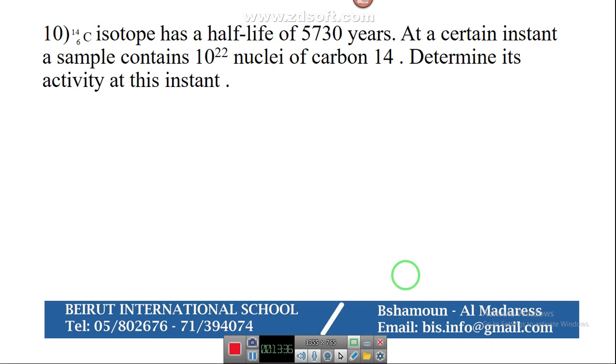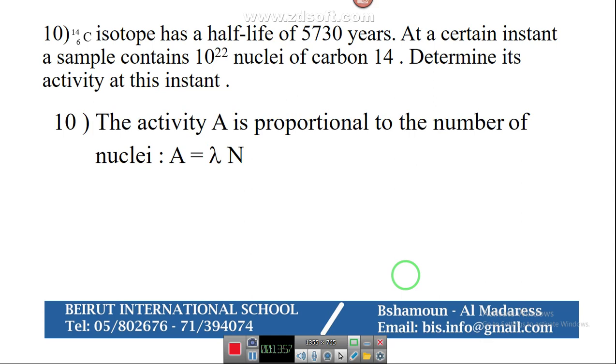Problem number 10. The carbon-14 isotope has a half-life of 5730 years. At a certain instant, a sample contains 10 to the power 22 nuclei of carbon-14. Determine its activity.